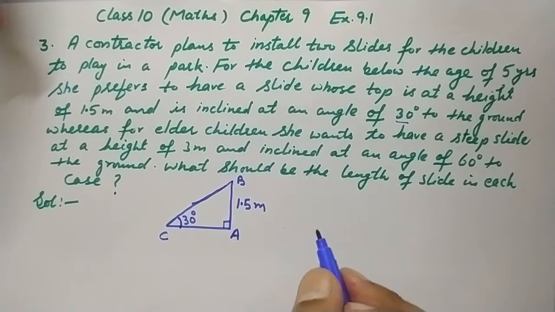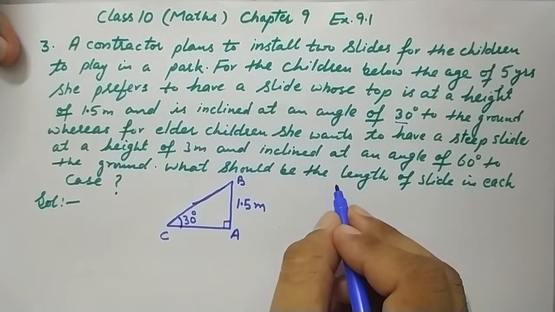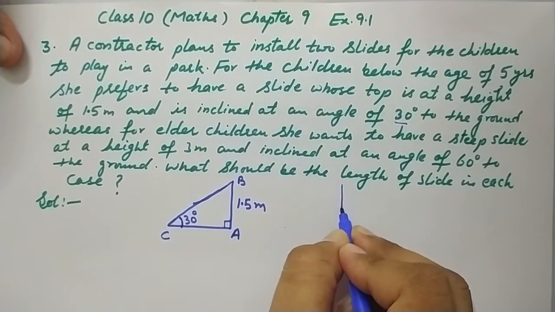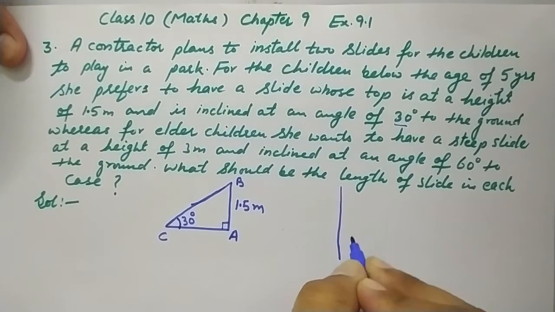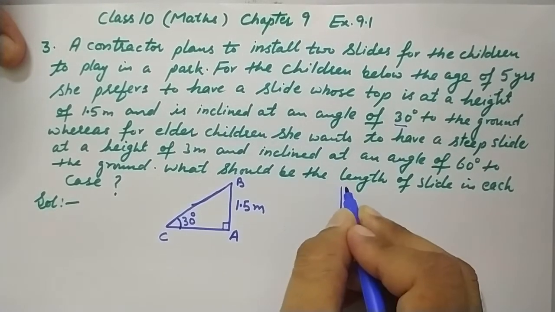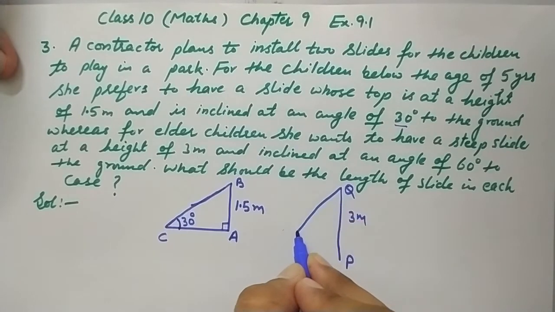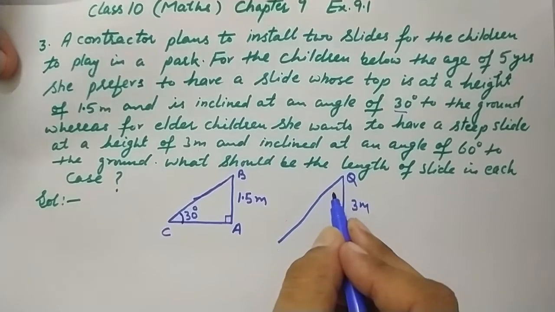So in the second case, what is given is that for elder children, she prefers to have a slide of height 3 meter. So here this height is 3 meter, right? Suppose PQ is this. This is 3 meter given in this case, and this is the slide, right? It is very straight otherwise.